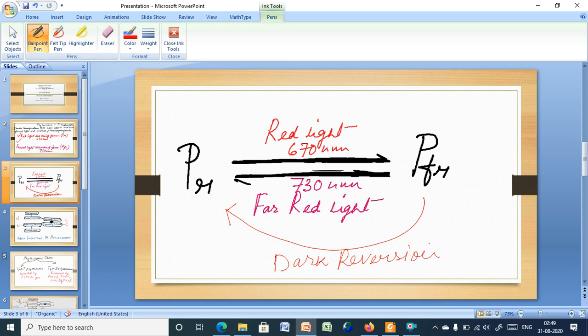Now, if we consider the chemical nature of phytochrome, it's a family of chromoproteins with a small covalently bound pigment molecule. Phytochrome proteins occur as a dimer, and each of these has a molecular weight of 125 kilodalton.